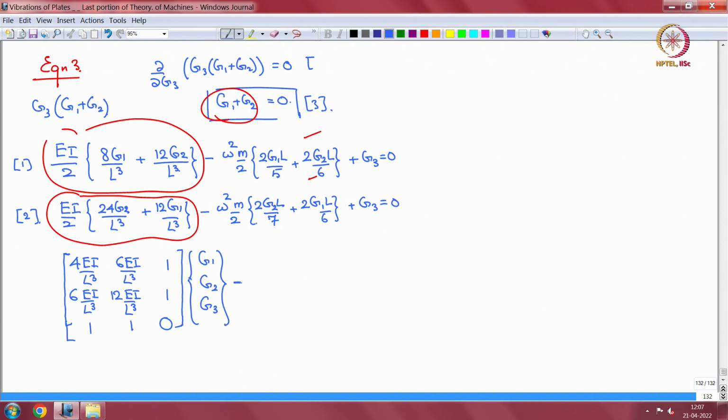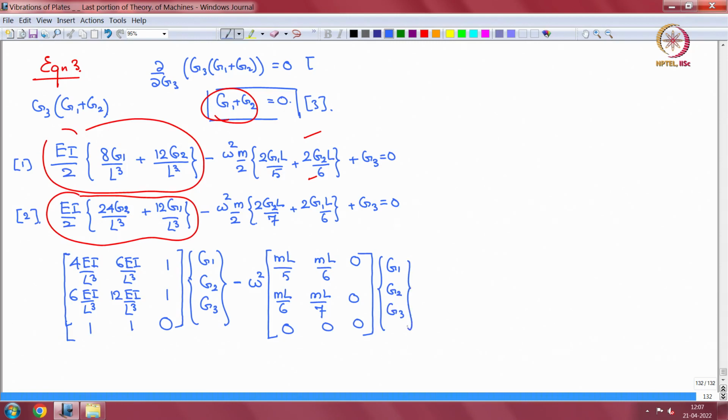Minus omega squared times ML by 5, ML by 6, then 0, then ML by 6, ML by 7, then 0, then 0, 0, then 0, times G1, G2, G3, is equal to 0.